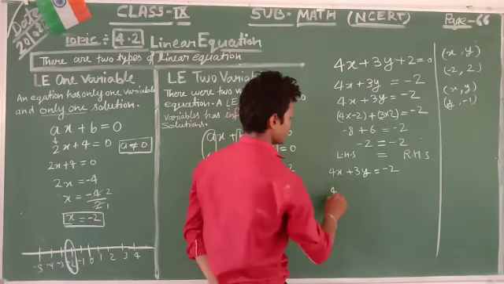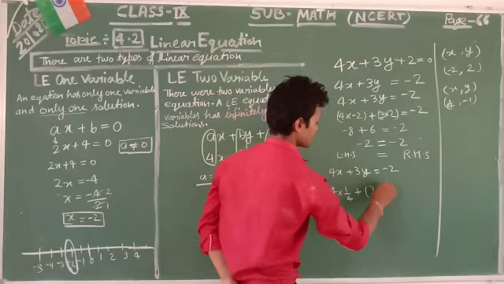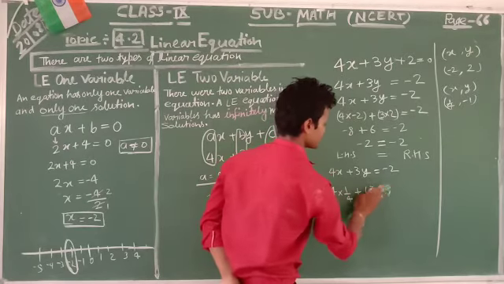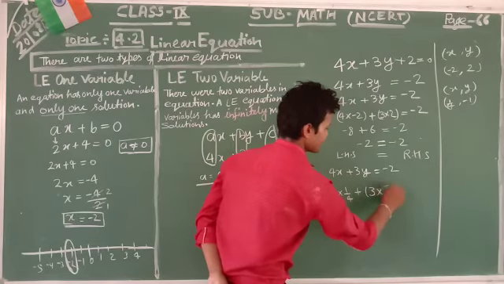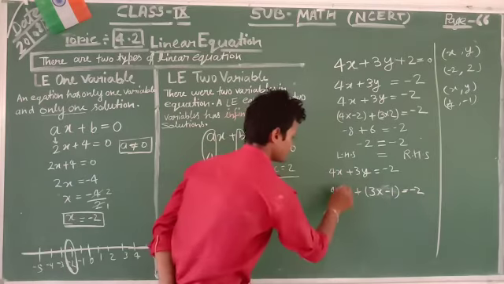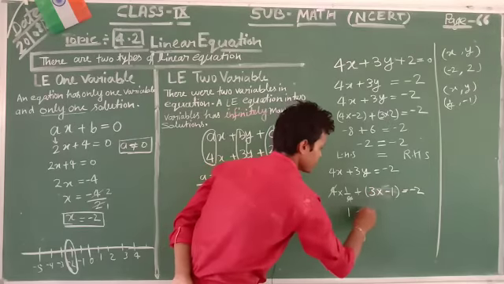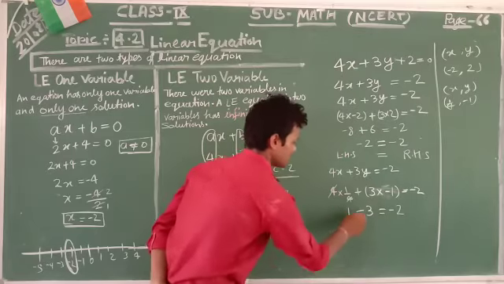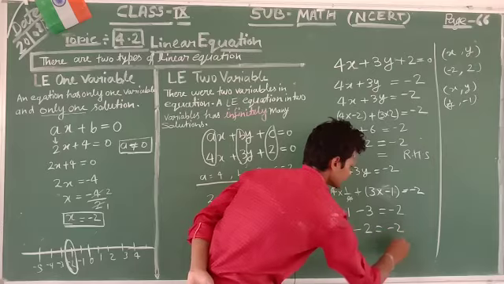You write here 4 multiply 1 upon 4 plus 3 multiply minus 1 is equal to minus 2. This cancels, you get 1, minus 3 is equal to minus 2. Subtract here, minus 2 is equal to minus 2.